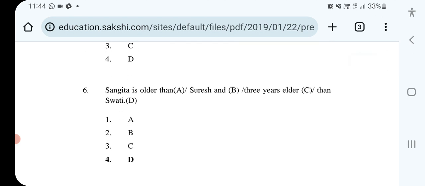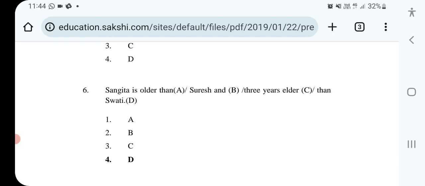Sangeeta is older than Suresh and 3 years elder than Swati. Older than Suresh, and 3 years elder than. Whenever elder comes, to should be there.